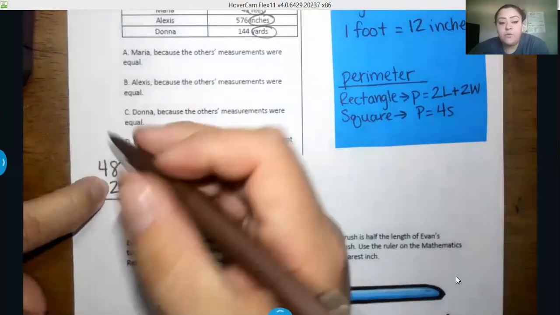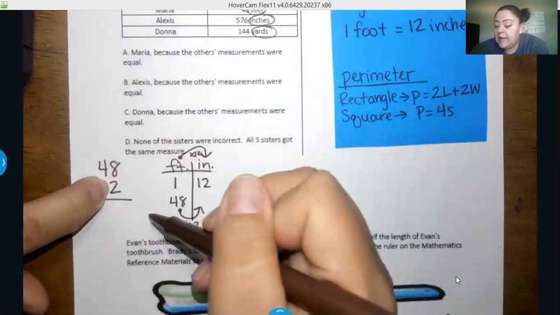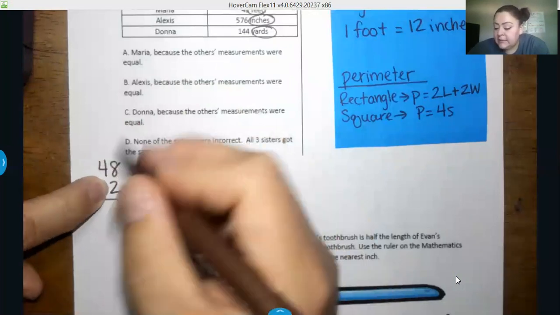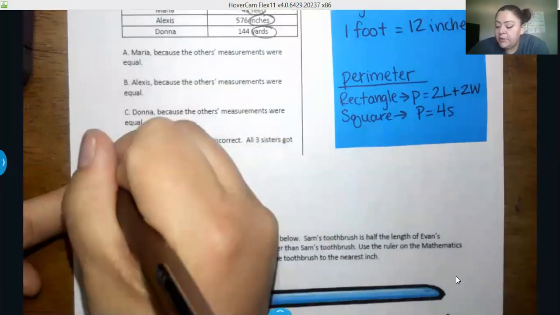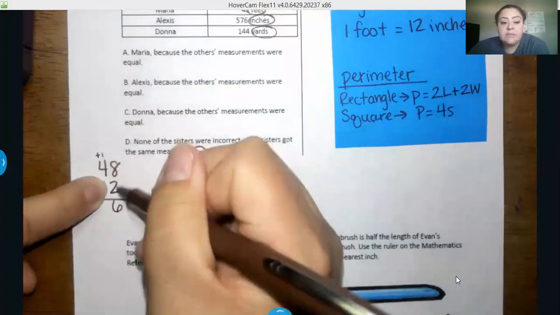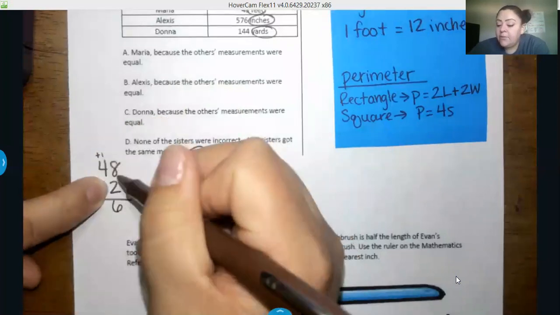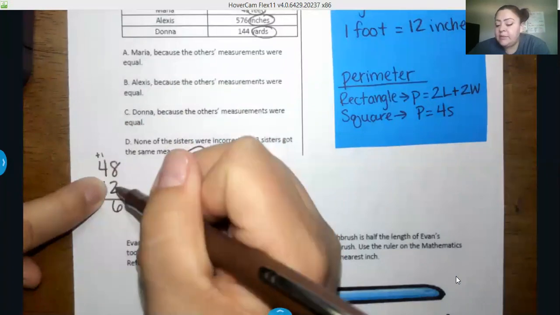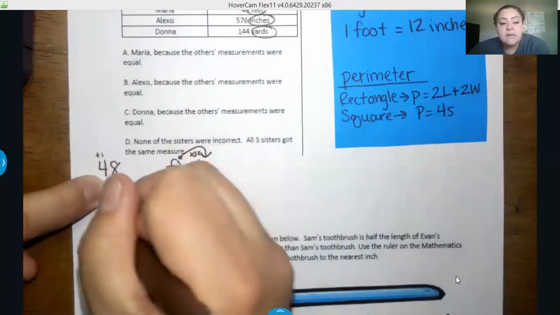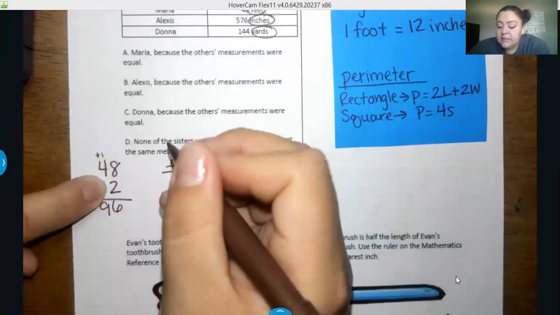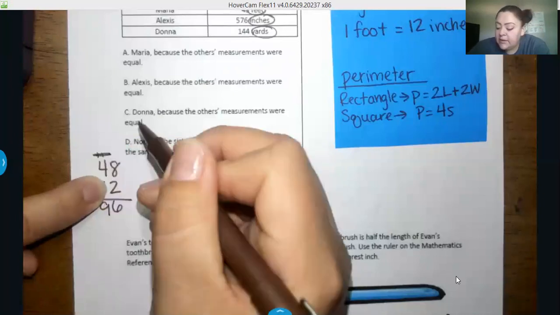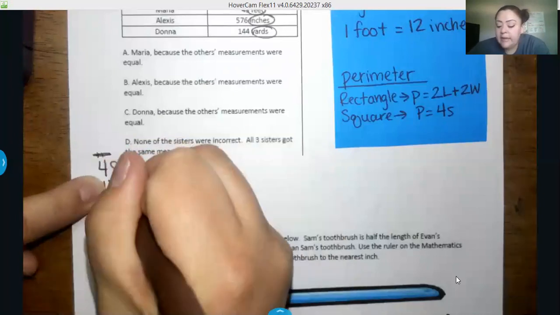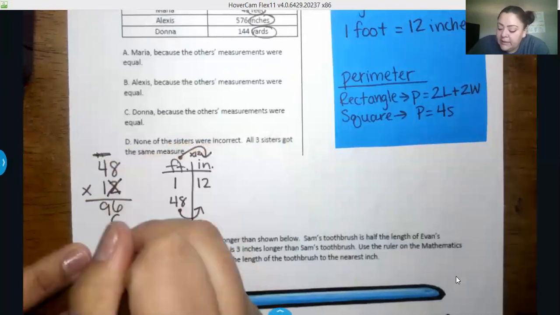So I'm going to multiply 48 times 2 first. 8 times 2 is 16. Drop my 6, bump my 1, because I always start in my ones place, okay? Then I've got 4 times 2 is 8, plus 1 is 9, okay? I am done with my 2, okay? And then I always start my next line with that 0.